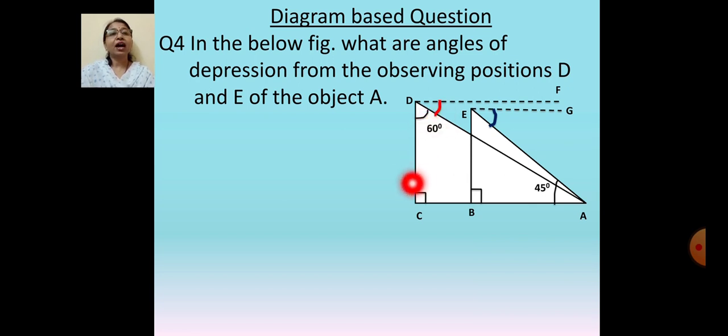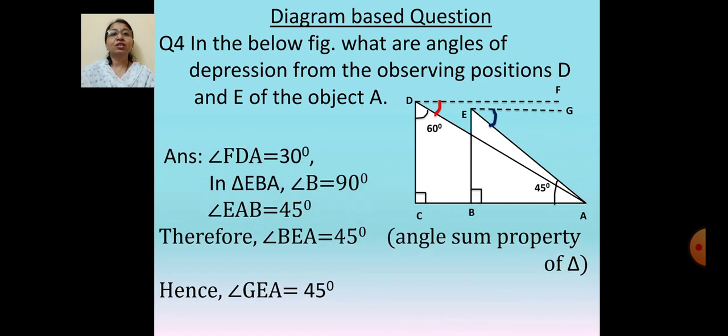Out of that, angle CDA is 60 degrees. So what will be the measure of this remaining angle, the red one? 90 minus 60, that is 30 degrees. So here angle FDA is equal to 30 degrees. Understood? Very simple. This angle FDC is 90, so 90 minus 60 is equal to 30 degrees.